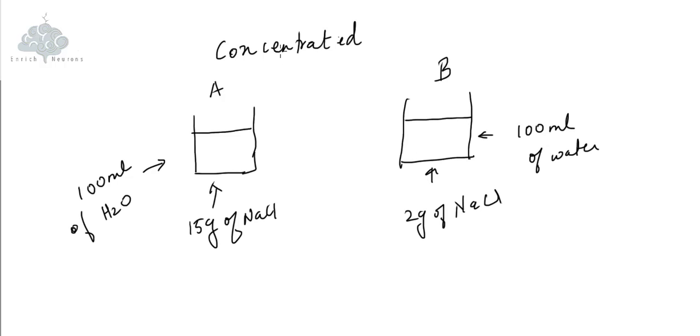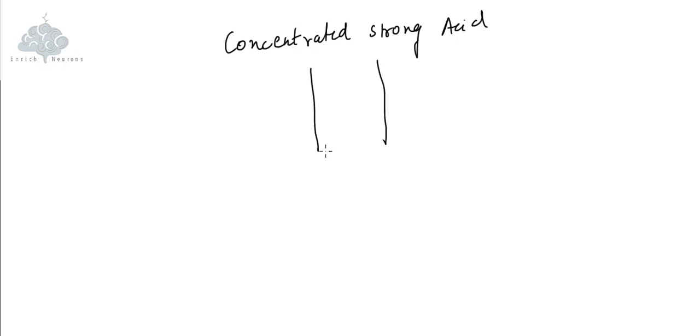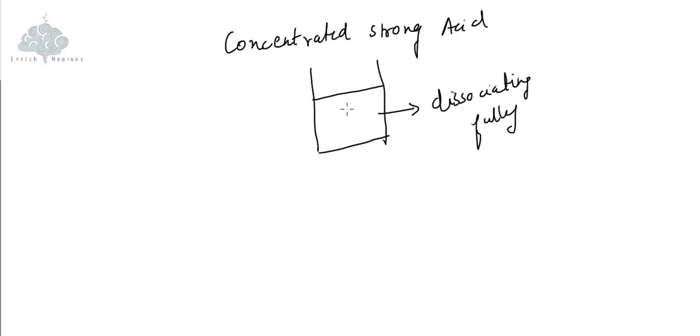The same happens when you talk about solutions. When I talk about a concentrated strong acid, what I mean to say is that I have kept in the beaker an acid which is strong, meaning it has the property of dissociating fully, and second, that I have taken more amount of acid.